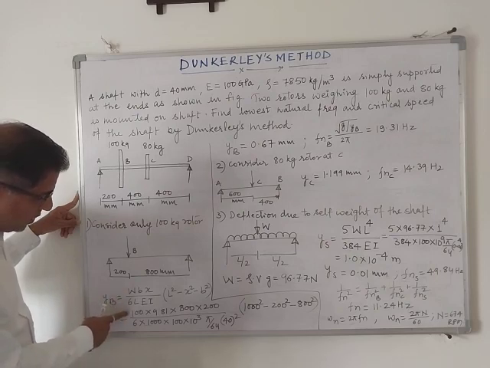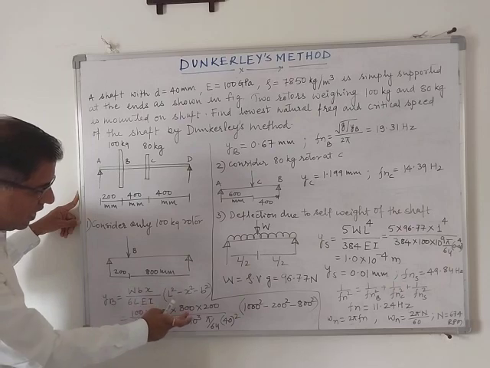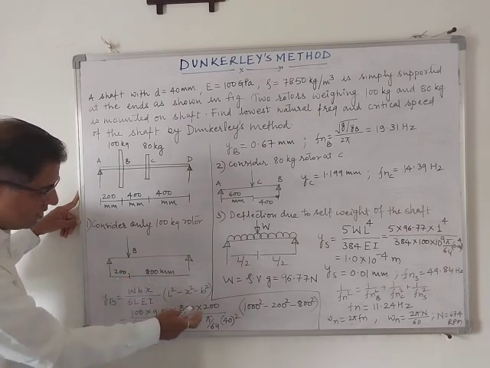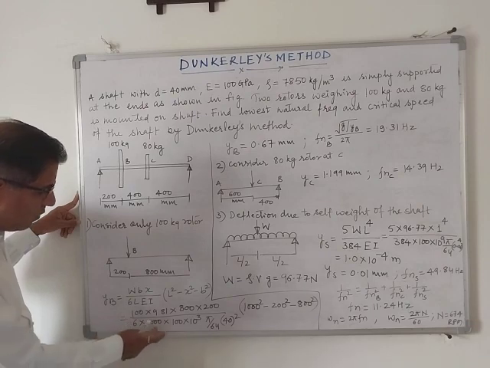The weight of the rotor is 100 kg, so 100 into 9.81. The distance B is 800 mm. This is the X distance, it is 200 mm. And then the length of the shaft is 1000 mm.